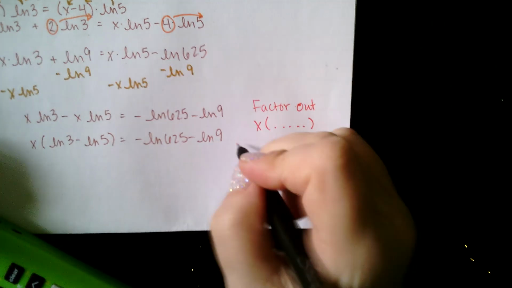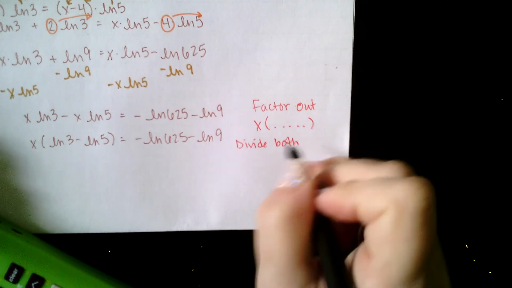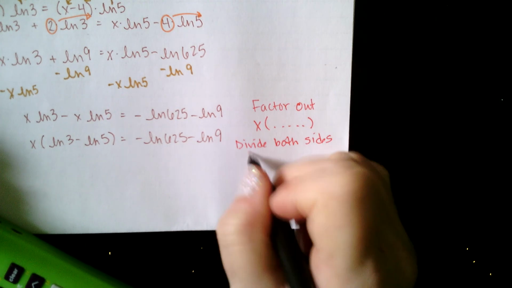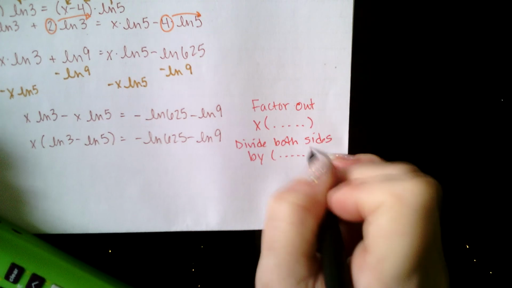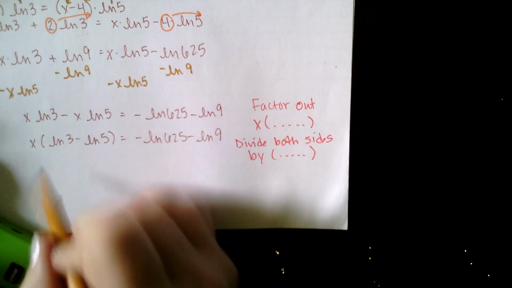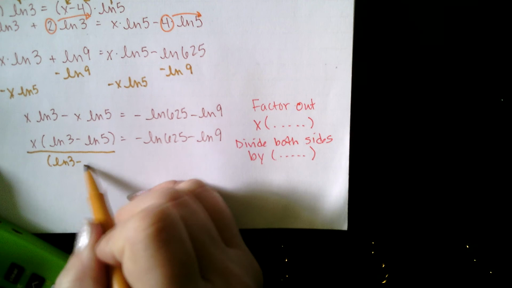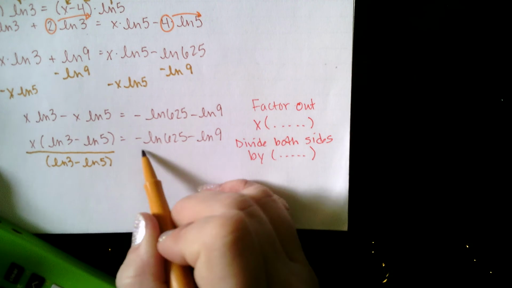And then divide both sides by the parenthesis. Divide both sides by natural log of 3 minus natural log of 5.